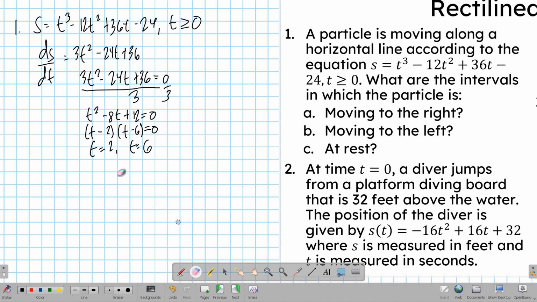I would just have to show first that I have t minus 2 equals 0 and t minus 6 equals 0. So t is equal to 2 and t is equal to 6.